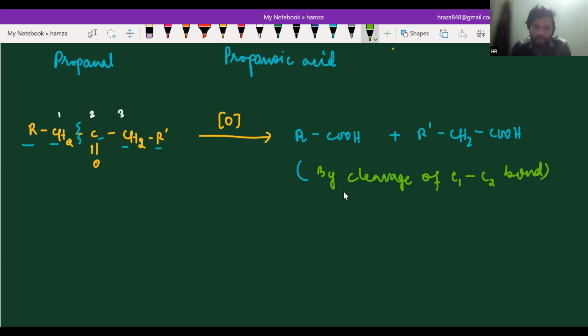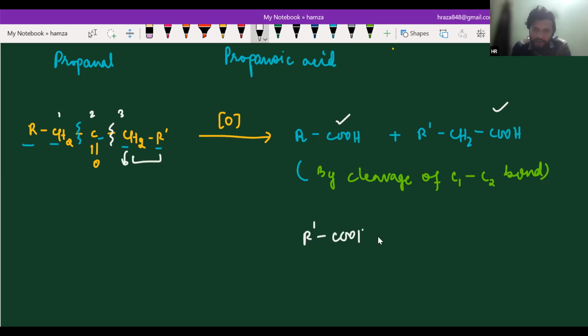And if you break between 2 and 3, you can see this is the first product, and the second product you get from here, that is R', and this carbon will be directly converted into COOH.